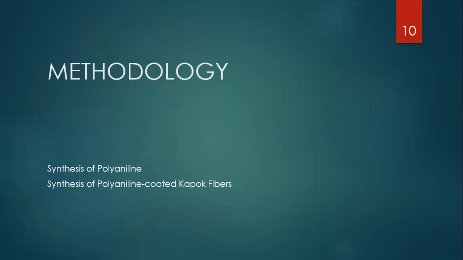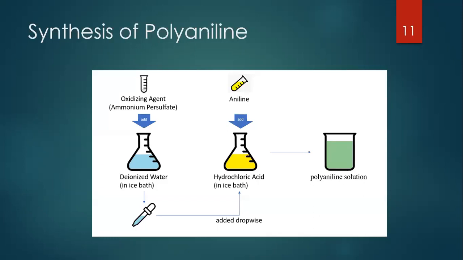For the methodology, we have the synthesis of polyaniline and the synthesis of polyaniline coated kapok fibers. The synthesis of polyaniline starts by adding the oxidizing agent, ammonium persulfate, to the deionized water while in an ice bath.